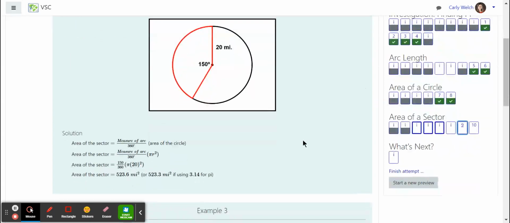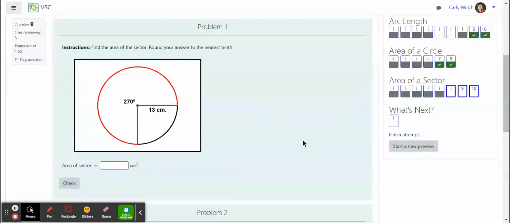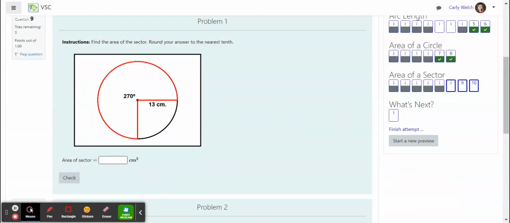All right. So we'll jump to this. Get our calculator out. All right, so we have the angle, which is 270, divided by 360 times pi r squared, which is 13, so 398.2.